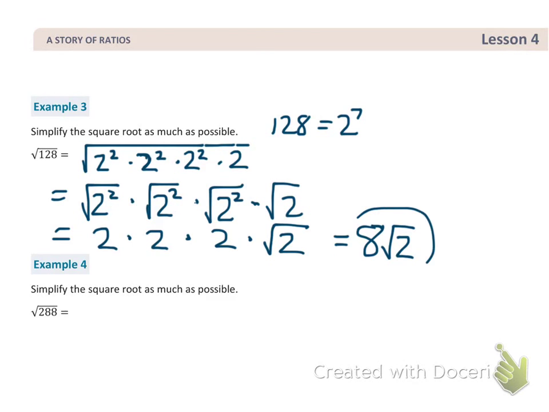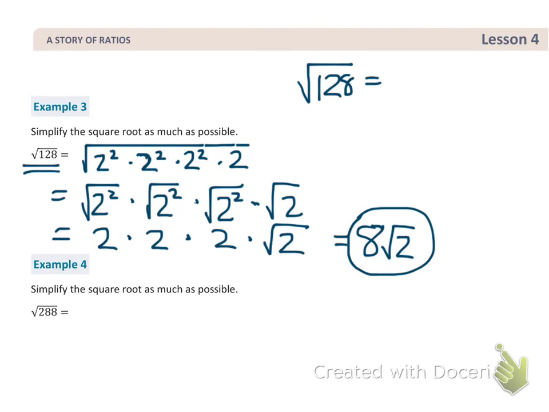All right, so I'm going to show you a different avenue to the same result. Because really a quicker way to do this would be to recognize that 128 is equal to 64 times 2. Okay, so this becomes just like what we did before. So this becomes the square root of 64, which I know is a perfect square, times the square root of 2.